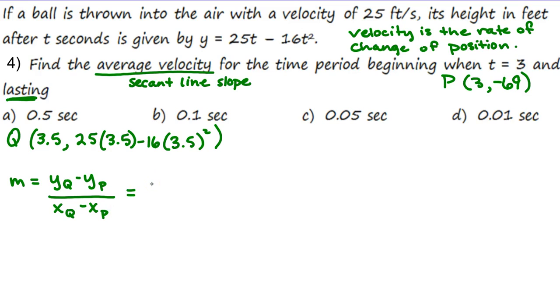And the y-coordinate from point Q is going to be 25 times, now it's not just times x if you think of this as x, so there's a couple different ways to do it. Let's think of this. The easiest way I think would be if we think of this as 3.5 and if we think of this as 3.1 and this is 3.05 and this is 3.01.